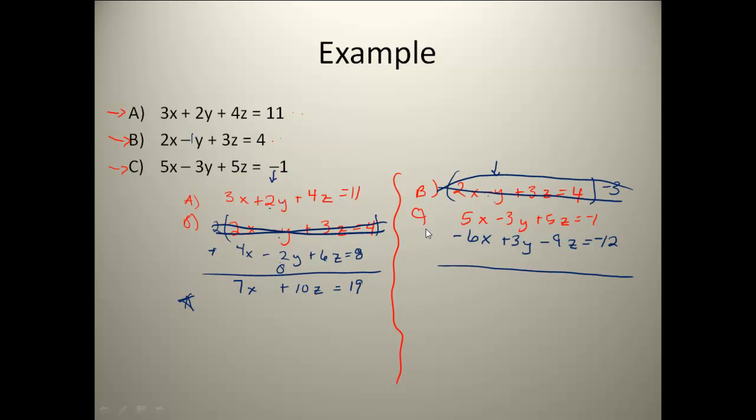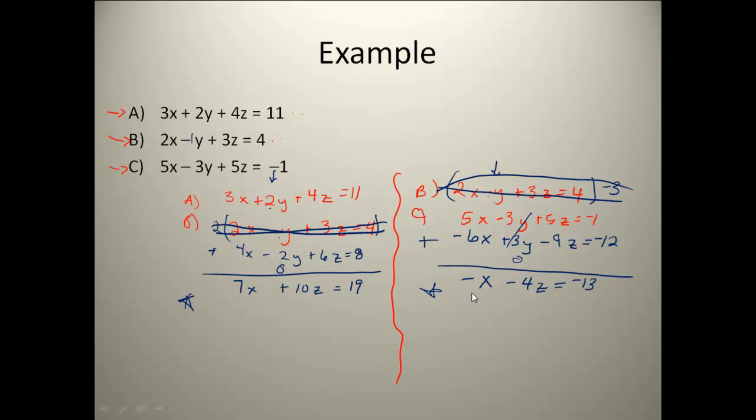Now I'm going to add these 2 equations, and I'm going to end up with -x. Then my minus 3y plus 3y will eliminate down to 0, and then my plus 5z minus 9z will give me minus 4z, and then -1 and -12 is -13.